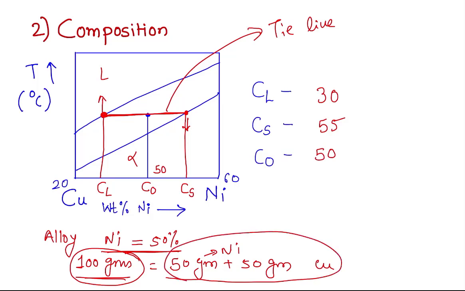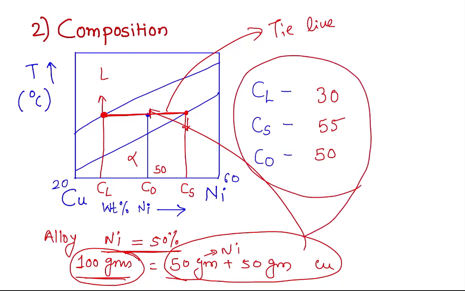So if we have 100 grams alloy which has 50 gram nickel and 50 gram copper, if we are at this point, the concentration of liquid and solid is given by this tie line, and that tie line shows that 30% out of this 100 grams is in a liquid state and 50% is in a solid state.